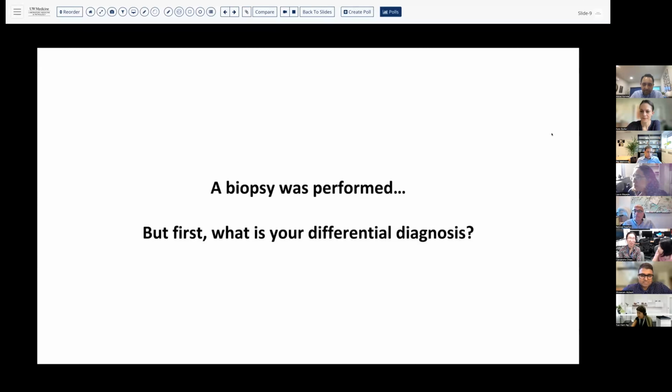Or feel free to shout them out too. Any ideas? What do you think might be going on in this patient, the transplant kidney? Okay, I see no takers.